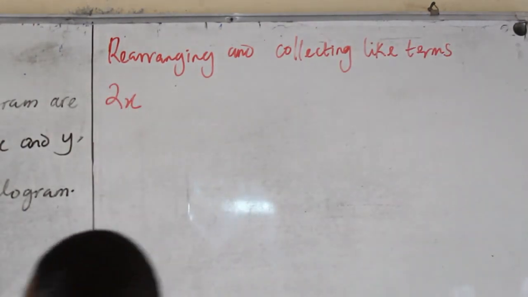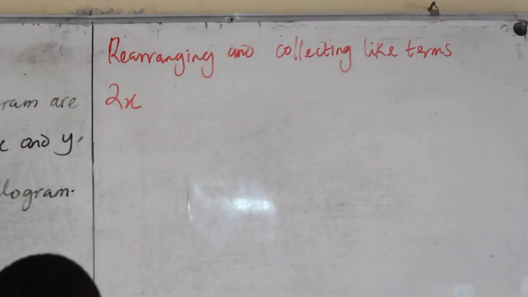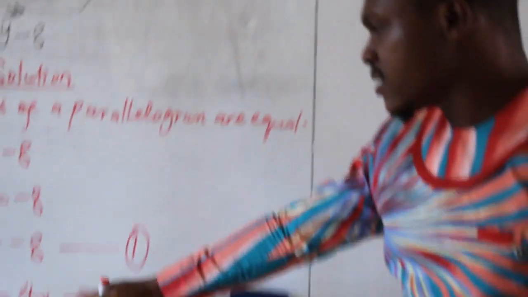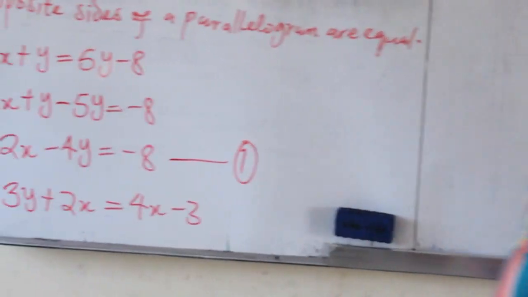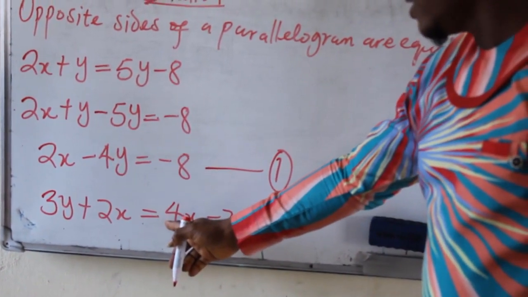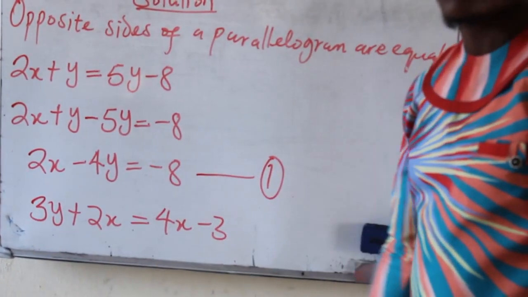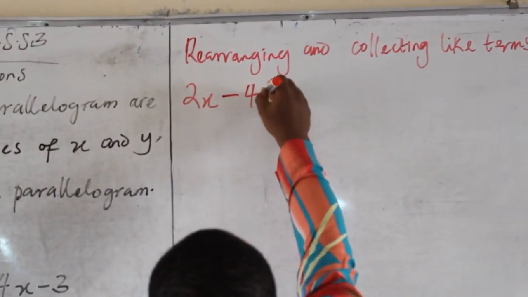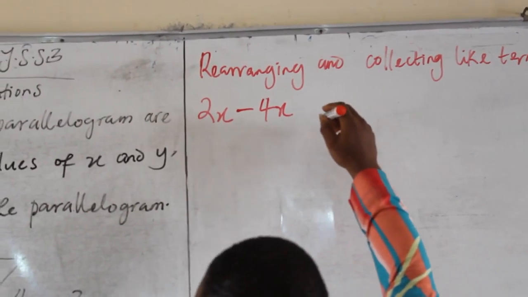2x here, but I have 4x on the right hand side of the equation. So I need my 4x on the right hand side of the equation to move to the left hand side of the equation, and that means since each sign here is positive, when it moves to the left hand side of the equation, it becomes negative. So I have 2x minus 4x.